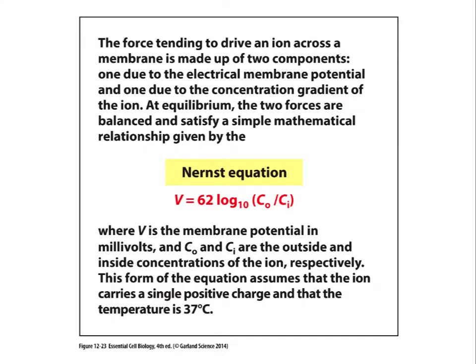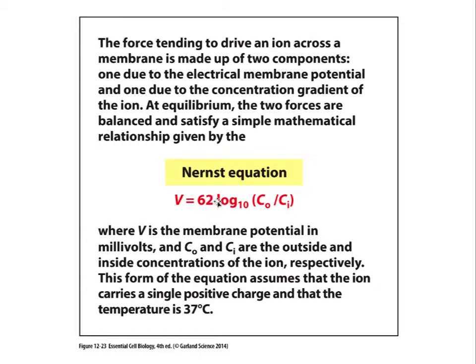Using some experimental data, some scientists in the past have come to conclusions about how to quantify the membrane potential that's generated on two sides of a membrane due to the presence of any one ion. And the Nernst equation does exactly that. So the V stands for the membrane potential in volts, and there's a constant number which we don't have to worry about, thank God.